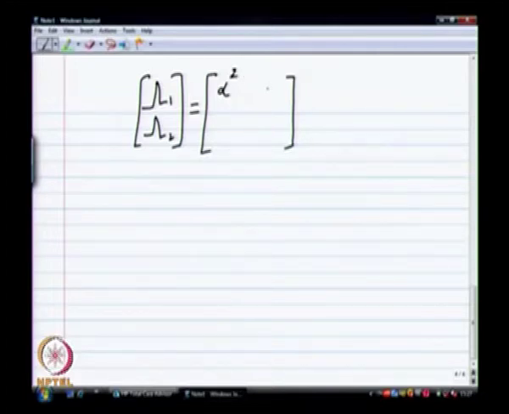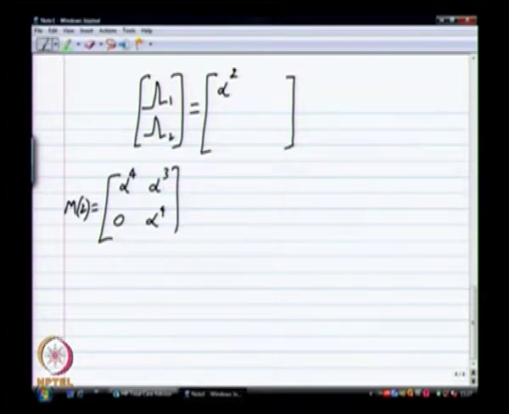Okay. Why? Let me write the original matrix here, looks like okay. So, this was alpha power 4 and alpha power 3, alpha power 4, this was my matrix.